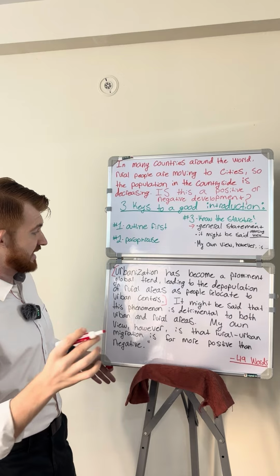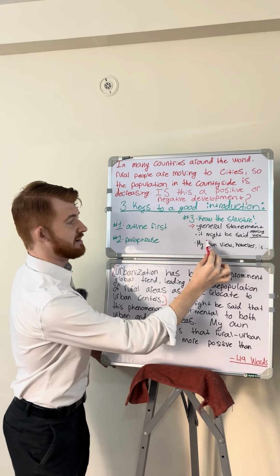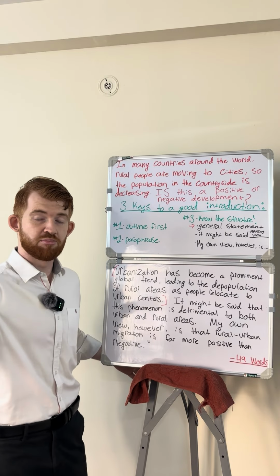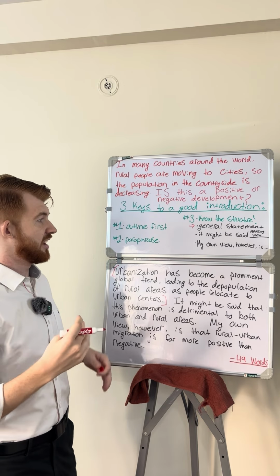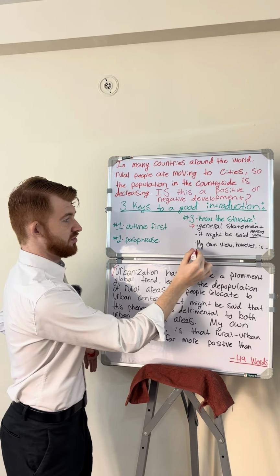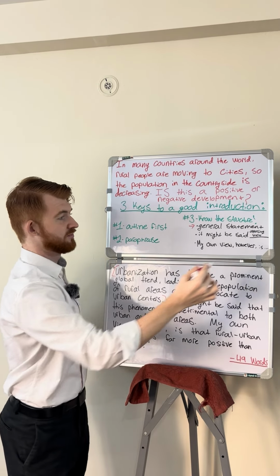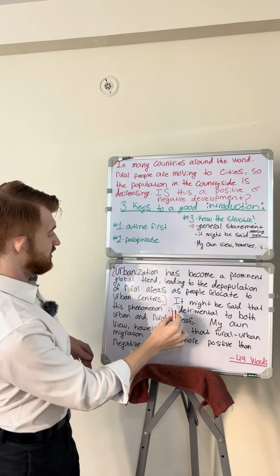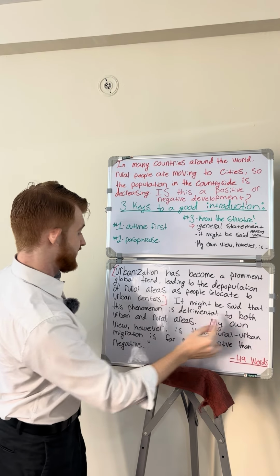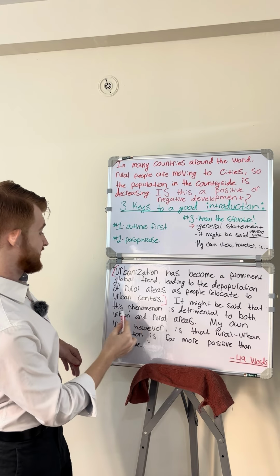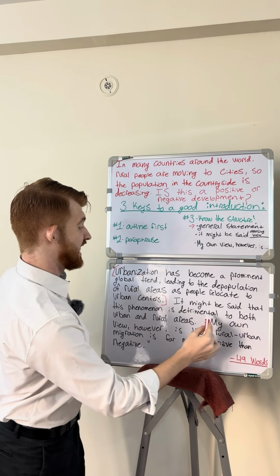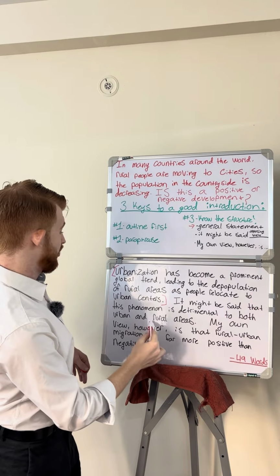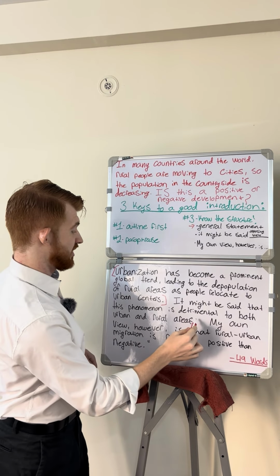Now, the next sentence is the "it might be said" plus opposing view. You have your view and the opposing view. So here: it might be said that this phenomenon is detrimental to both urban and rural areas.